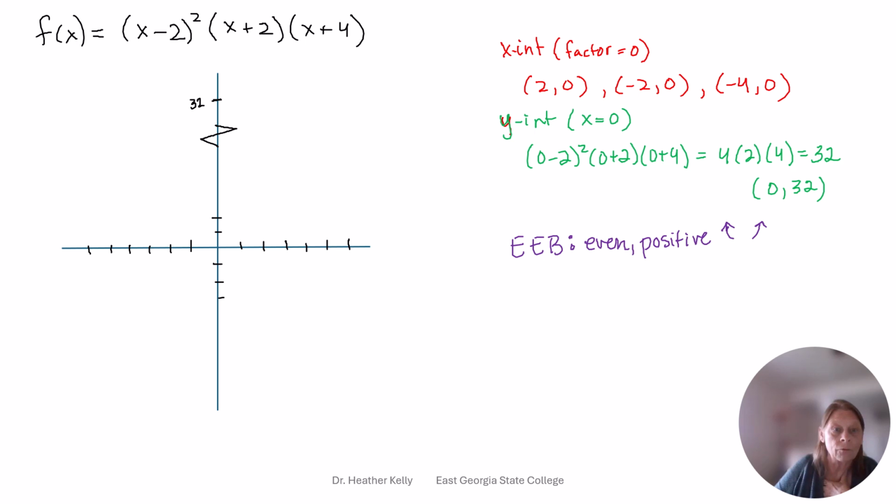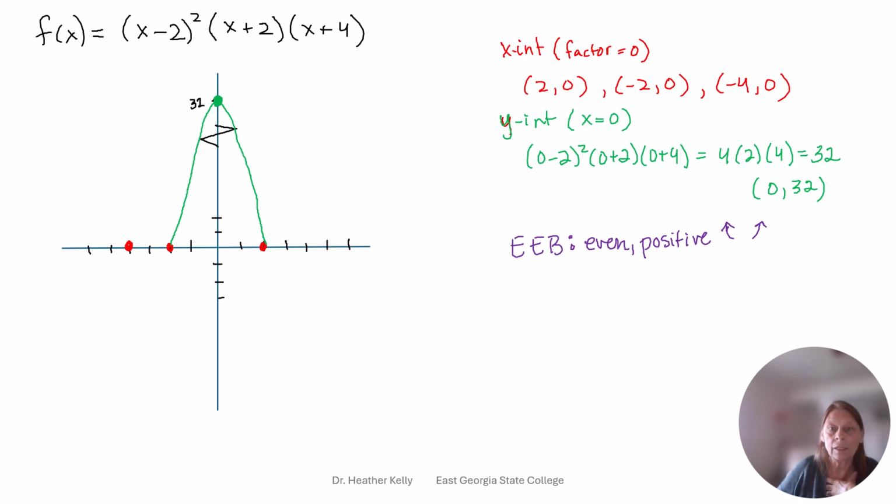We have (2, 0), (-2, 0), and (-4, 0). We have a y-intercept of (0, 32). So you see we'll be able to connect these dots. In fact, I think I shall. That's a definite thing that's going to happen.